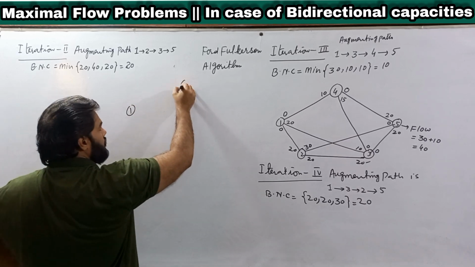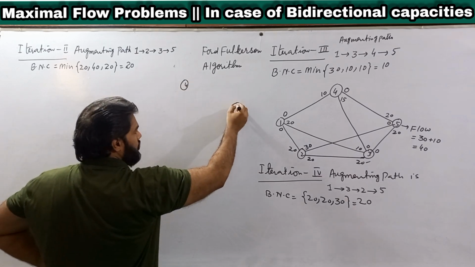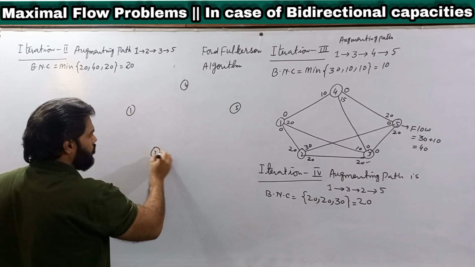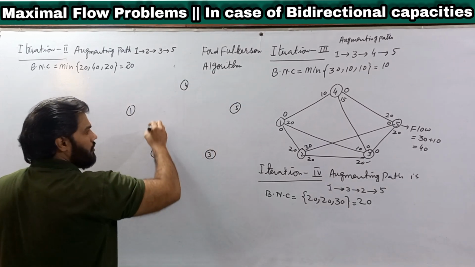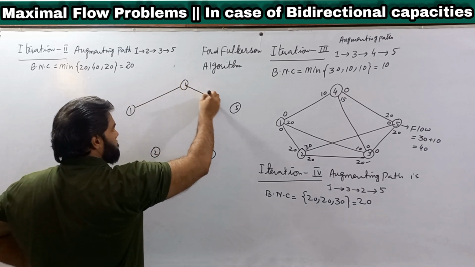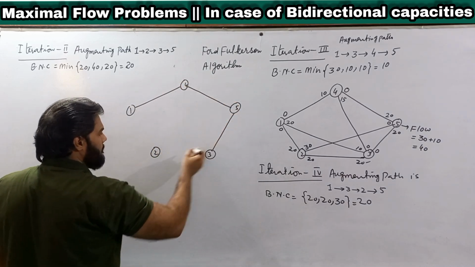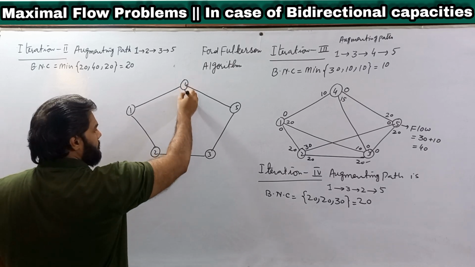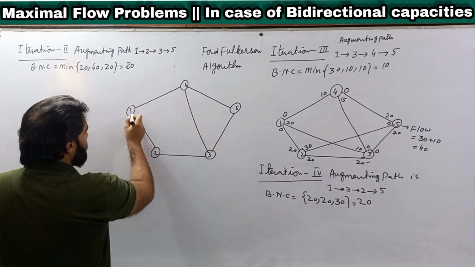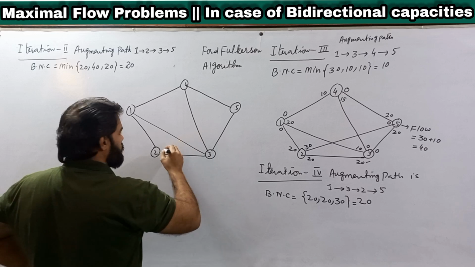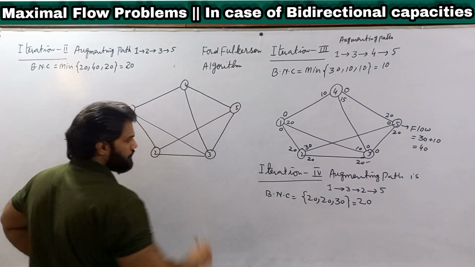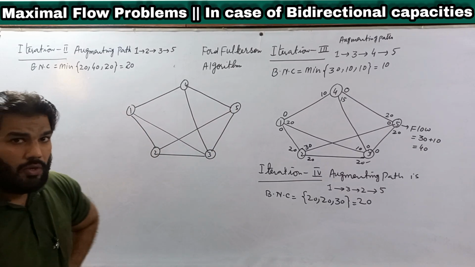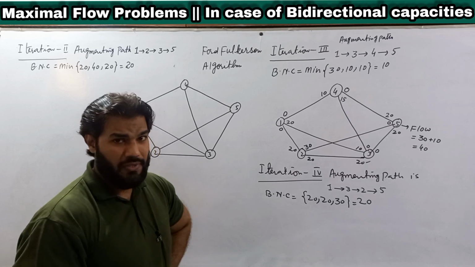Node 1, node 4, node 5, node 2, node 3. Now we change the numbers of the edges that are associated with our augmenting path.